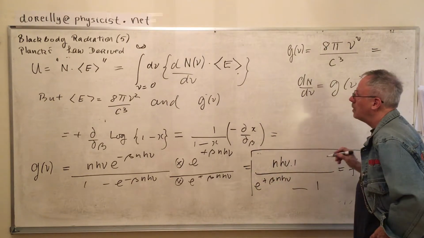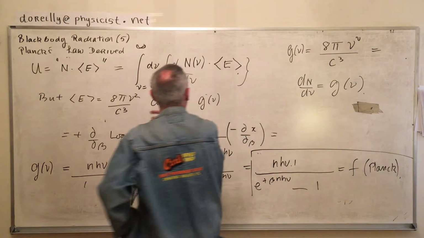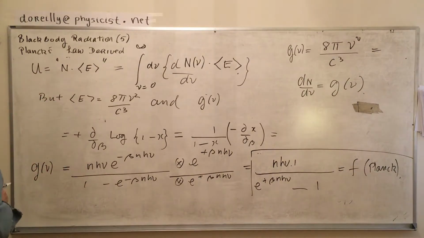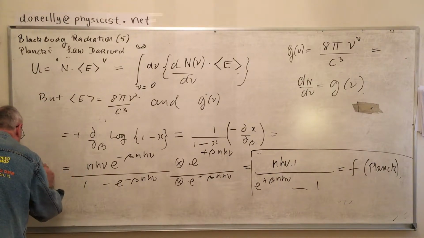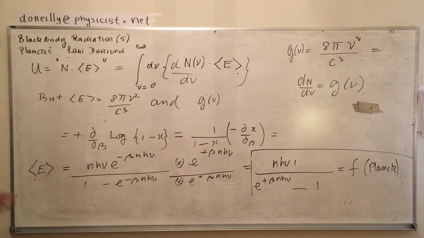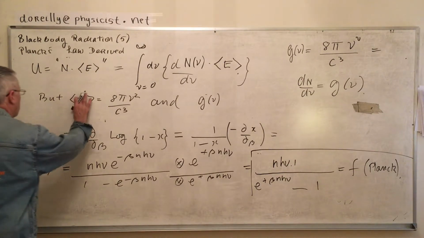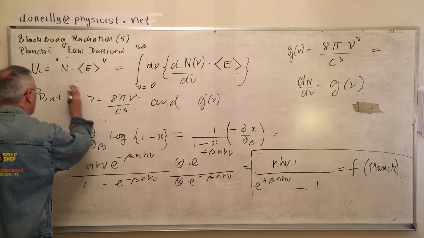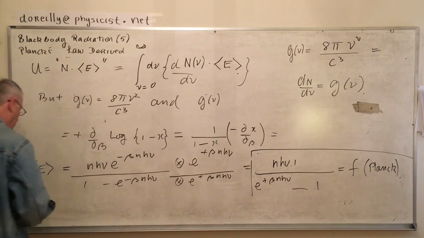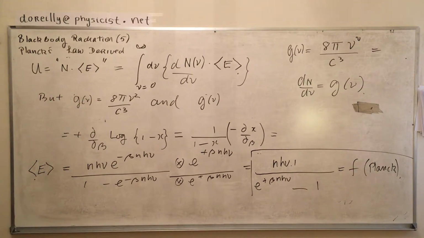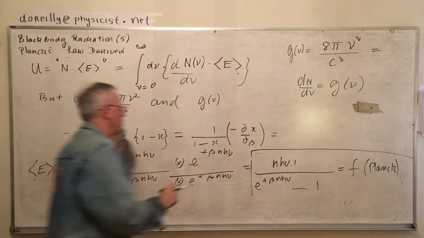This is the G of nu, and this is the dN by d nu, the E. Sorry, I mean, I put that in already. I forget why I made that mistake. But that's my E. And this is the E. So we can put in the results.